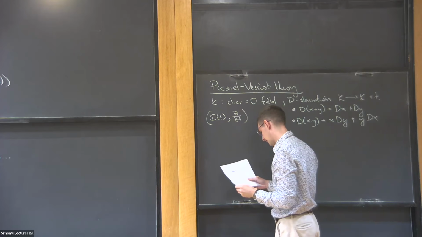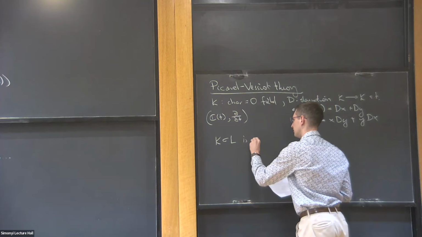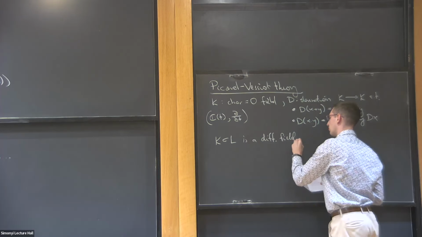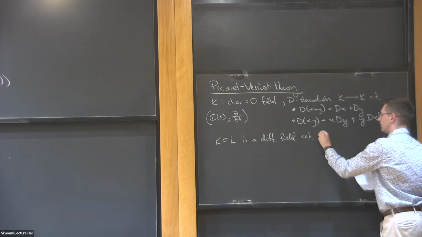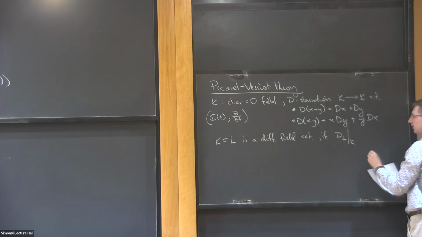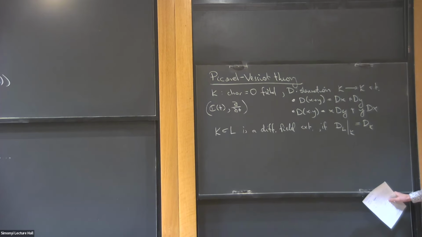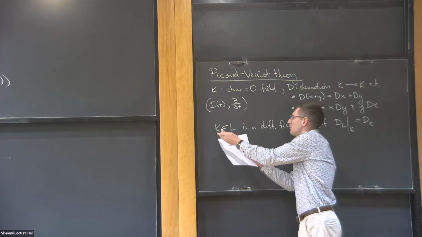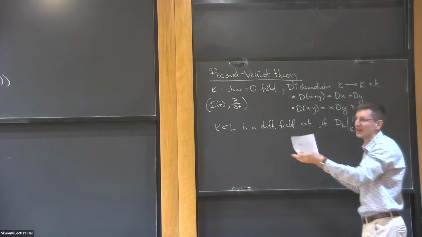Okay, and then L over K is a differential field extension if they are both differential fields, and if the derivation of L restricted to K is the derivation of K. Similarly, if I have two fields, these are like abelian groups that embed into each other, but also the multiplication is preserved.